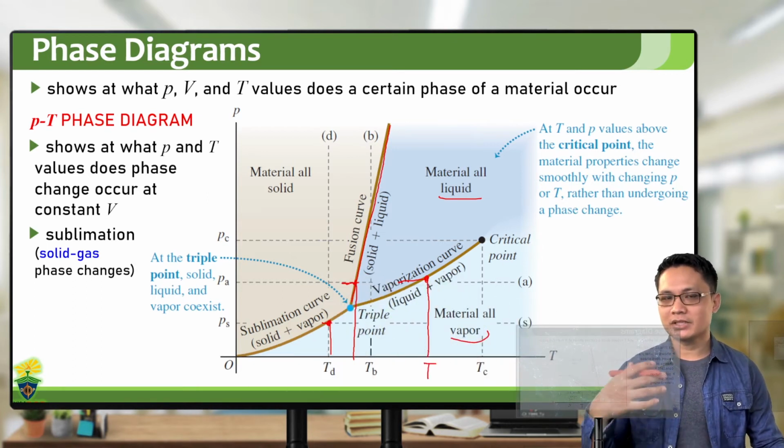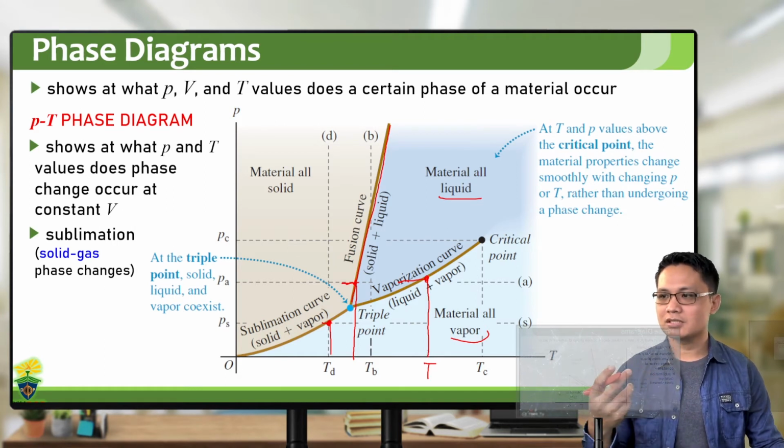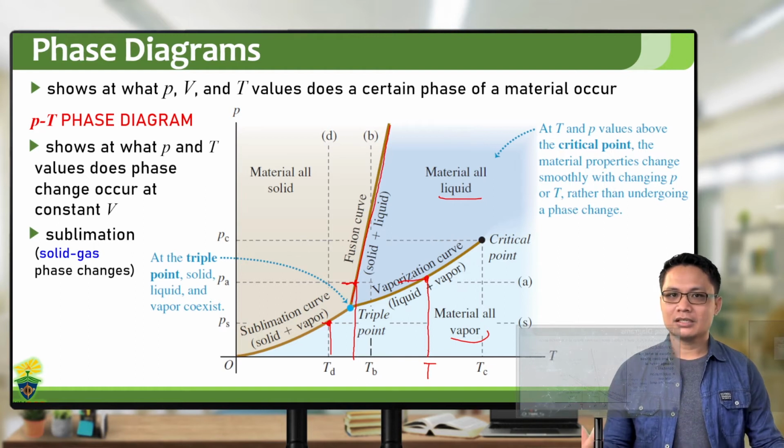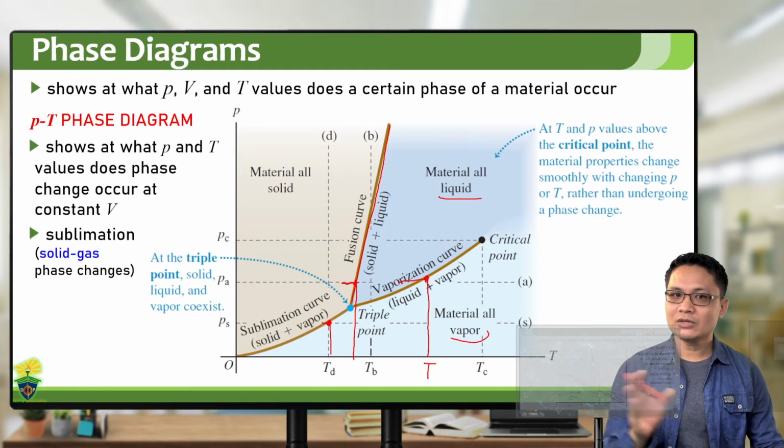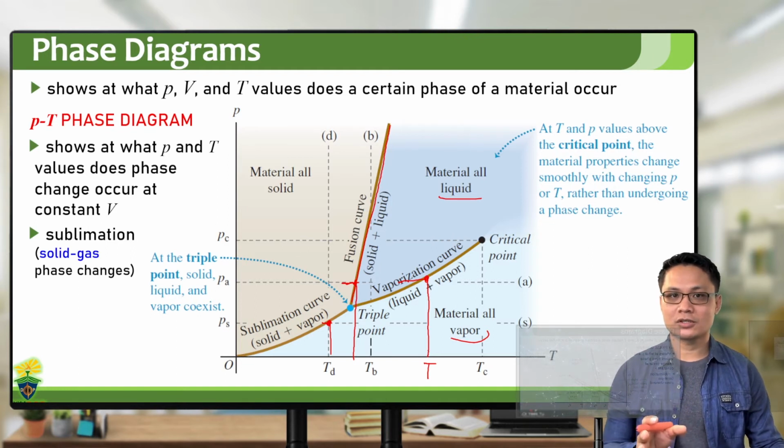When a material goes into this supercritical fluid form, it can no longer be solidified using pressure. And for gases which go beyond the value of the critical temperature, they can no longer be liquefied using pressure only. And that goes beyond the coverage of our discussion.